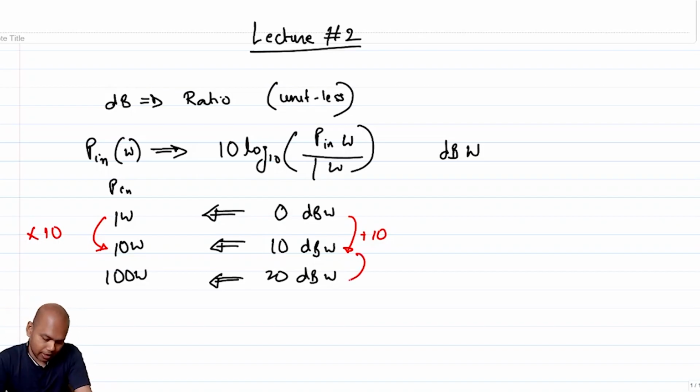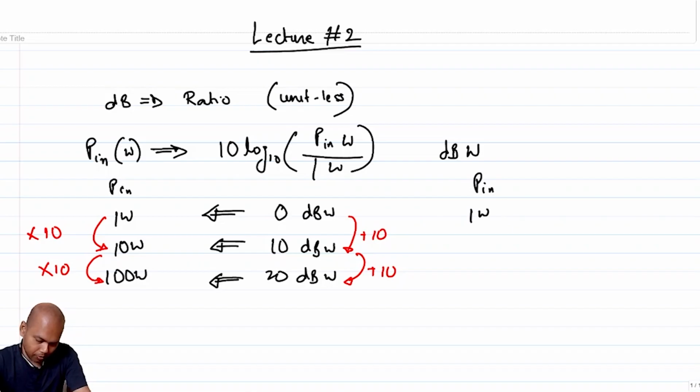Again, I add 10 in dB scale, so I multiply by 10 in linear scale. So similarly, P in of 1 watt means 0 dBW. So in linear scale, this is in decibel.